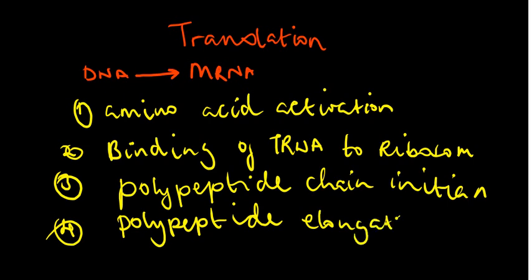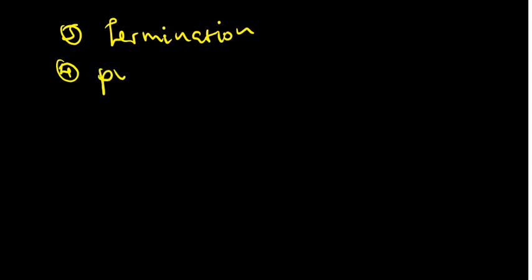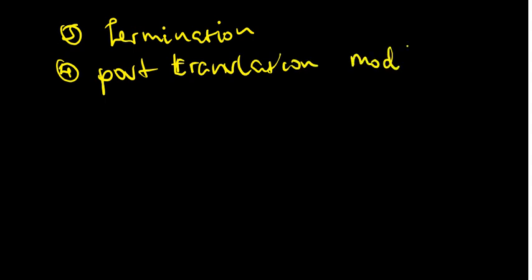Okay, so actually we have another step, which is, let me just write it here. The fifth one is where we have the termination. Then finally we have post-translation, this would be post-translation modification.